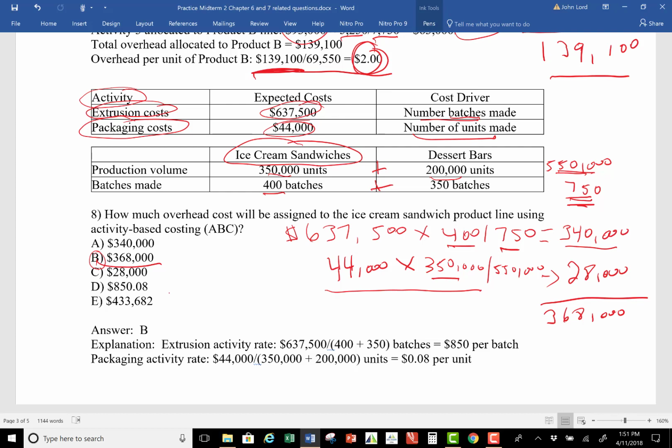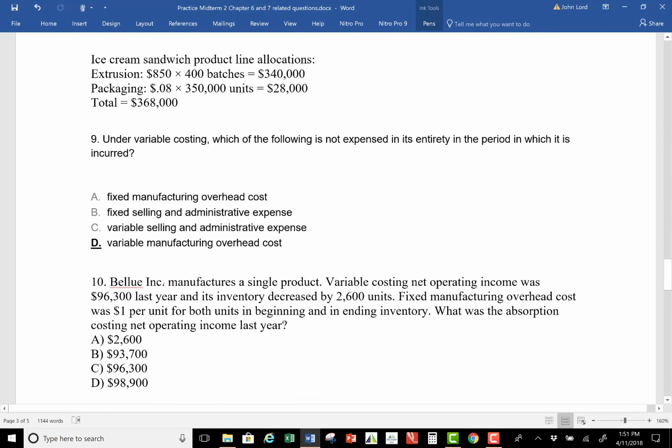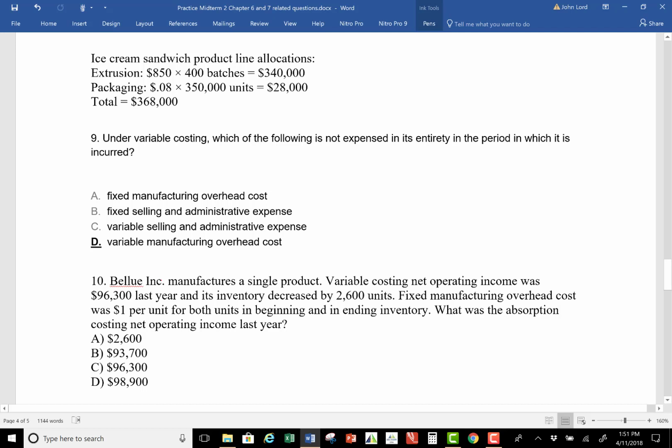Okay, good. Let's go ahead and look at a couple of variable costing questions, variable versus absorption costing. This first question is really designed to remind you of what the difference is between them. The difference between variable costing and absorption costing is how we treat fixed manufacturing overhead.